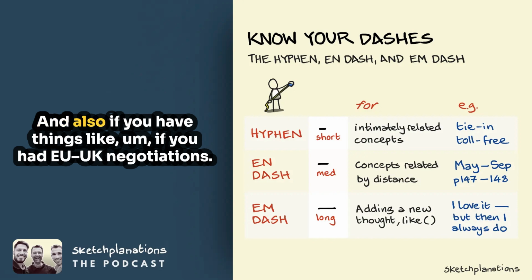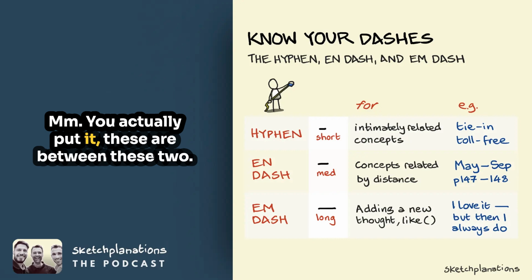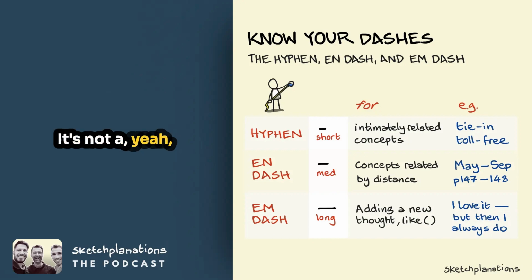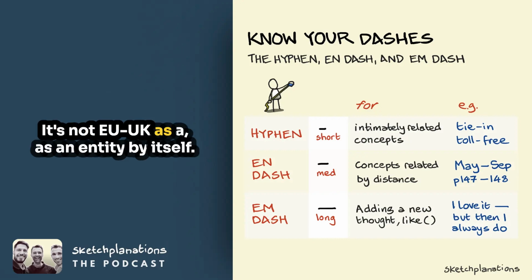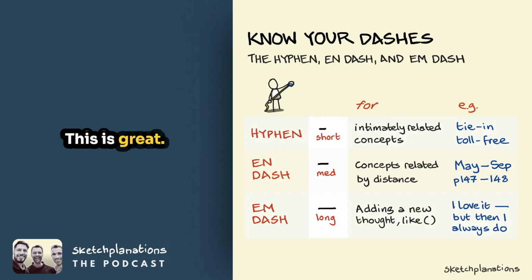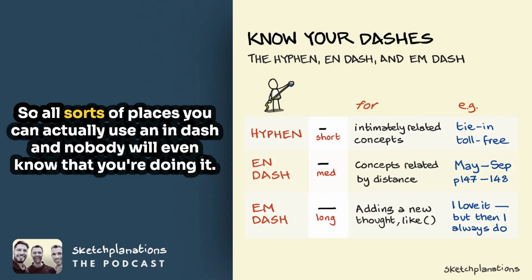And also if you had EU-UK negotiations, these are between these two. It's not EU-UK as an entity by itself. Clarifying relationships. So all sorts of places you can actually use an N dash and nobody will even know that you're doing it.